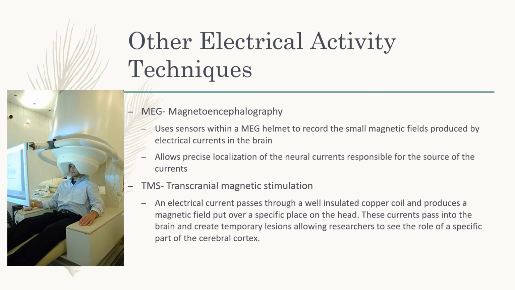And with a TMS coil, they take this wand and put it over certain parts of the brain, and that lack of power within that part of the brain can show scientists what exactly that brain part does. If you put the TMS coil over a certain part of the brain and the left arm starts spasming, that tells you a lot about what that particular part of the brain does. So it's been quite helpful in certain scientific research opportunities.